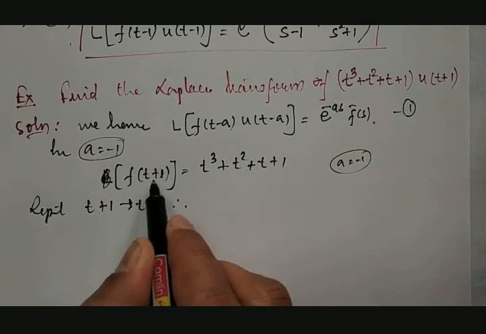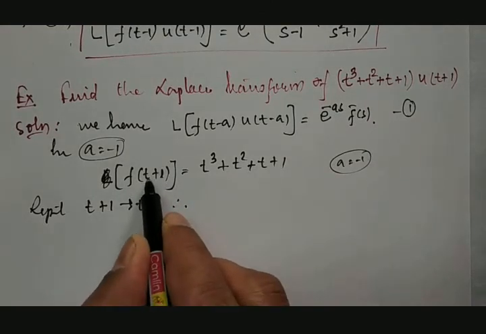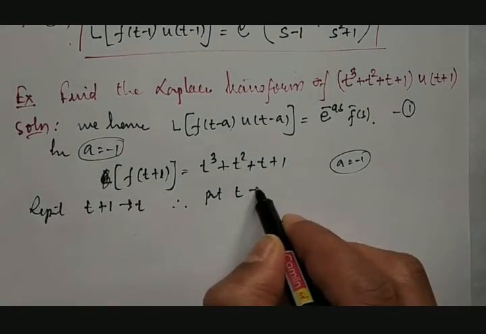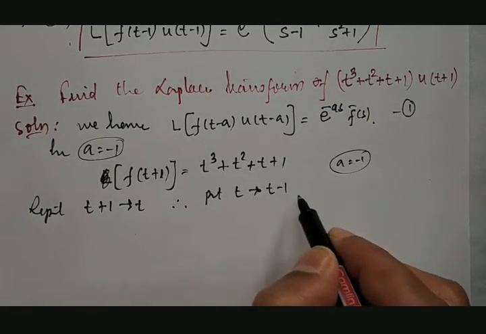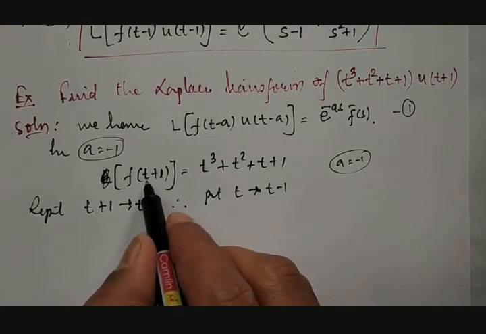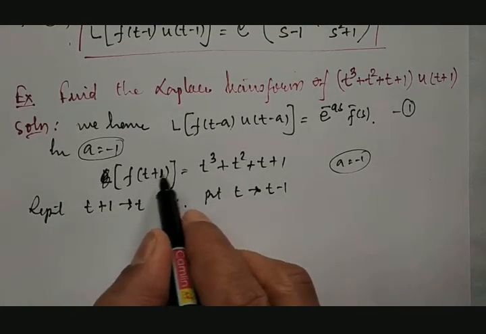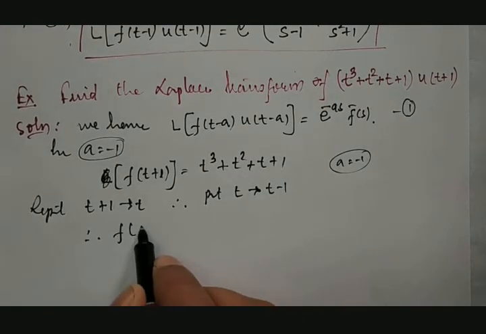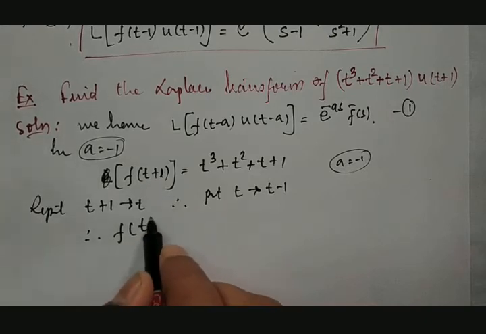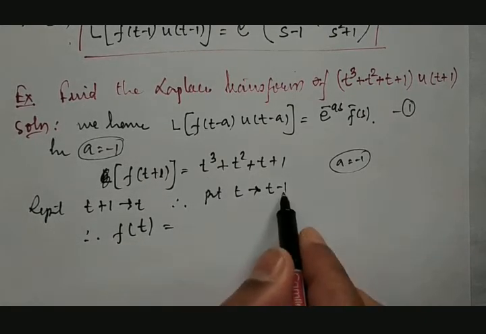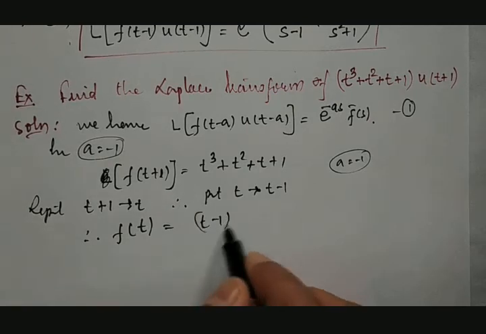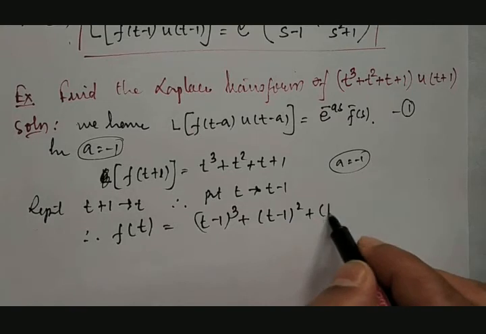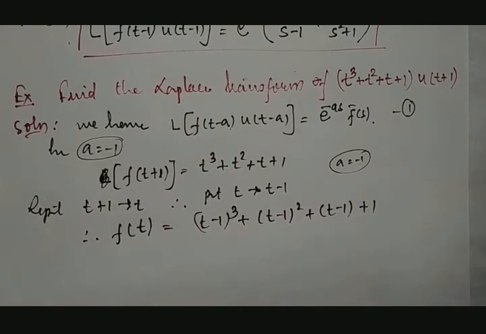So to make this t plus 1 as t, we need to put t is equal to t minus 1. Means if you put t is equal to t minus 1, it will become t minus 1 plus 1 get cancelled, so it will be equal to t. Therefore, if you replace this, then it becomes f of t is equal to t minus 1 the whole cube plus t minus 1 the whole square plus t minus 1 plus 1.